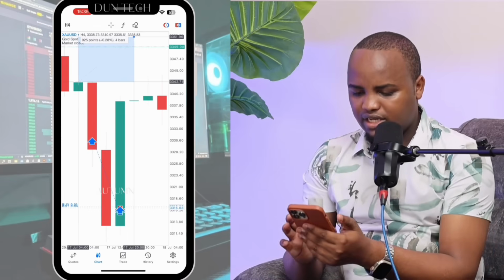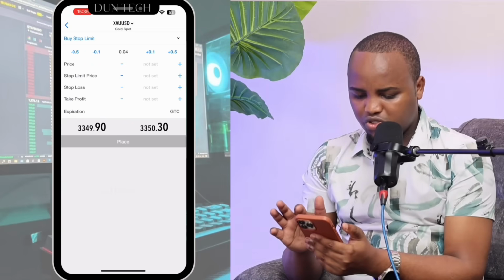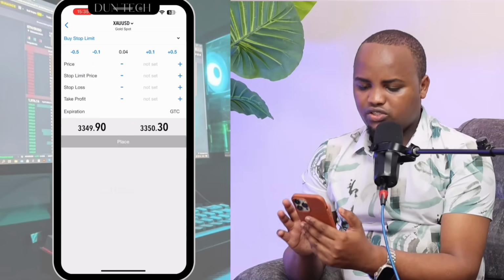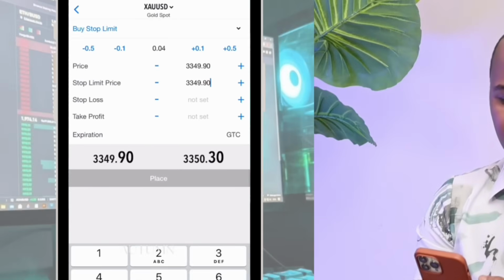Let's click this and see whether it gives us those options. You see that it asks us for two prices, the price and also the price limit.